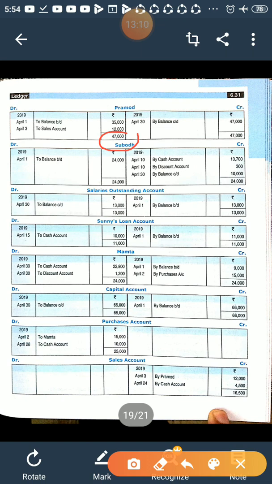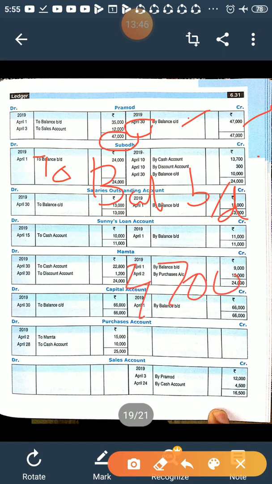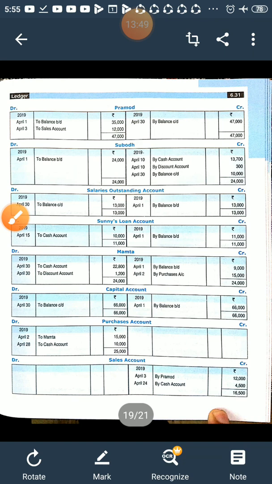There is nothing on the credit side. So on the credit side, on April 30, we will write by balance carried down 47,000. If someone asks you what is the balance shown by Pramod, you will say Pramod is a debtor and it's showing debit balance of rupees 47,000, and in next year it will be brought down by writing on the debit side to balance BD, brought down 47,000, right? Yesterday I have discussed.